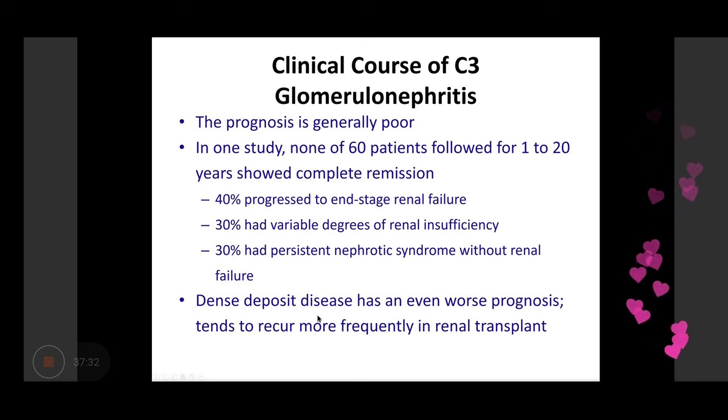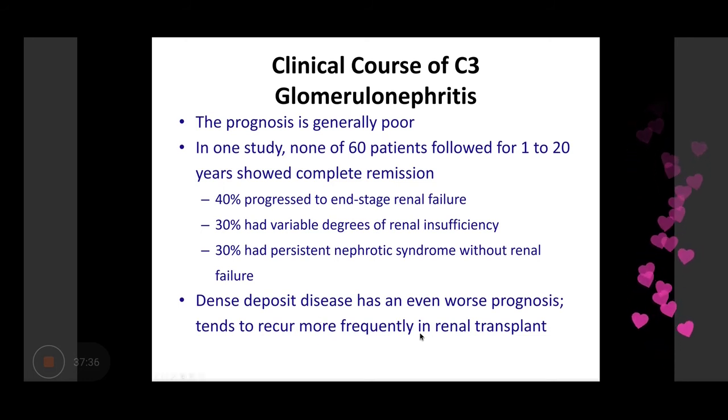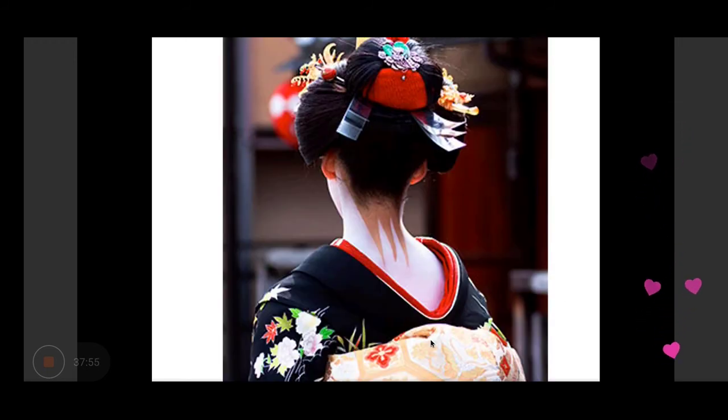Most of these patients progress inexorably to chronic kidney disease, and eventually they will require renal transplant. And when you do the renal transplant, the disease tends to recur very soon. Therefore, the long-term survival of these patients is very difficult. So it's not a good disease to have. So that finishes off your C3 glomerulonephritis.